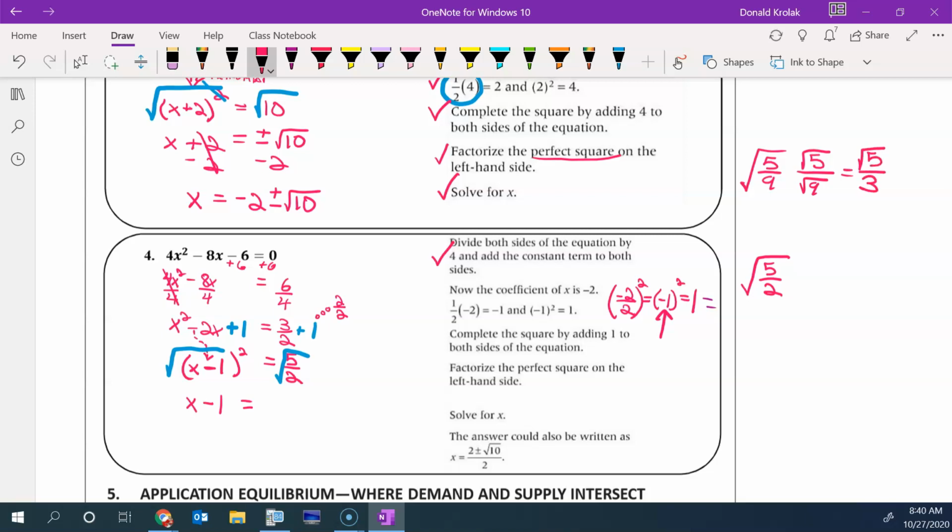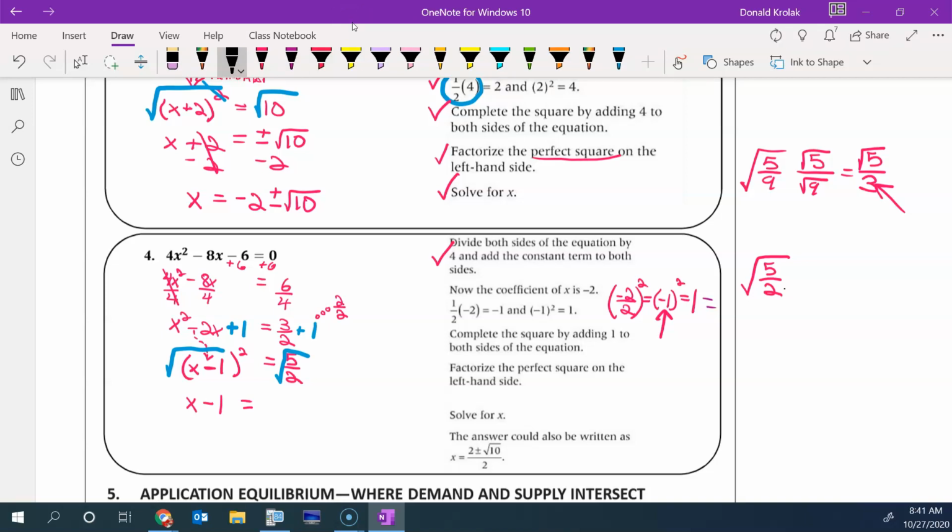Okay, 2's not a perfect square. So if I try to do this, I'm going to get a radical in the denominator. And we want to avoid having radicals in the denominator. We want to have just plain numbers. All right, so what you can do ahead of doing that is change this so that the denominator is a perfect square.